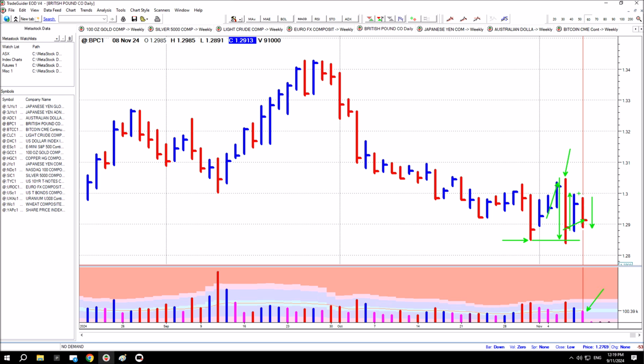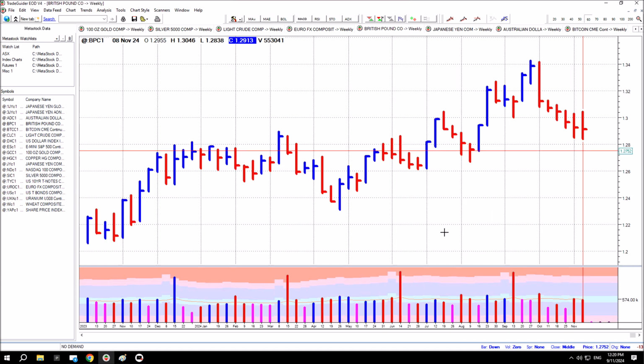You'll also note that these two bars are within the range of that down bar and above its close. So this market is relatively stronger, no doubt, than the euro and continues to trade that way. And you'll also note that over recent weeks, there's been a reluctance to move lower here.